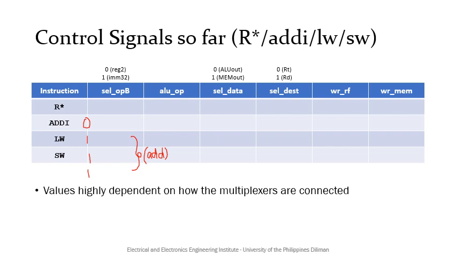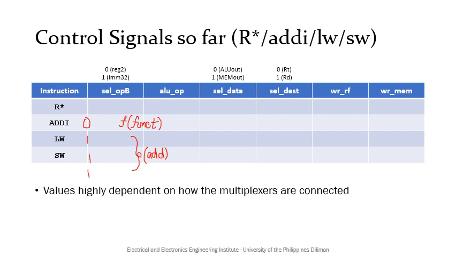However, for R-type instructions, the ALU operation actually depends on the instruction, depending on the func field. So we can simply write that as a function of the func field. We will skip the two control signals first and focus on the write enable signals.